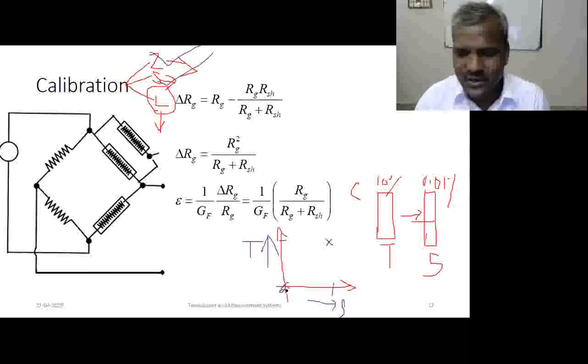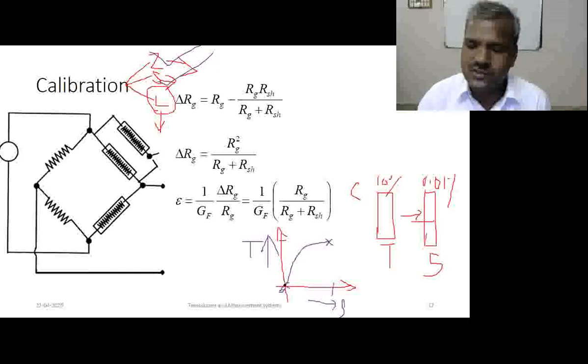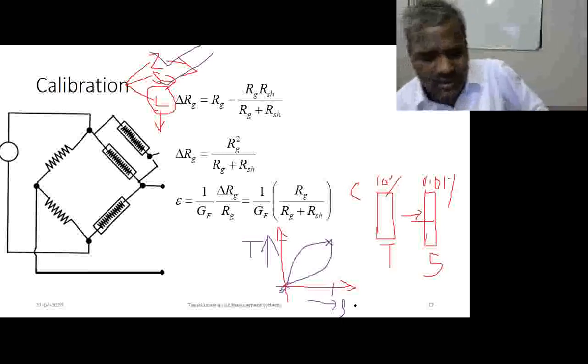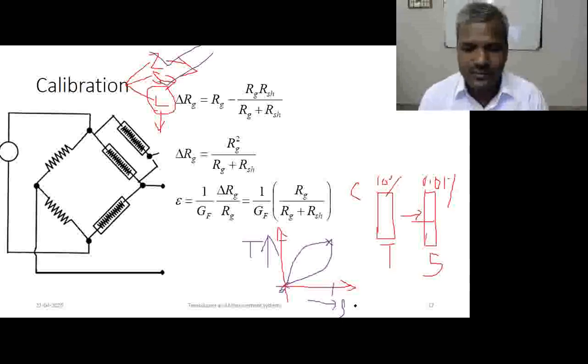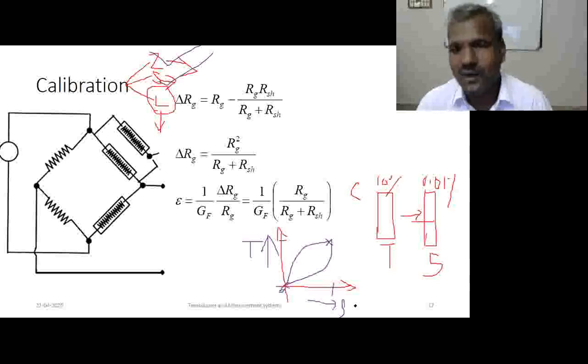But during the journey from zero to span, the instrument may travel like this, or it may travel like this. But all instruments or transducers should behave linearly. Only if it behaves linearly can we utilize the instrument for measurement applications.